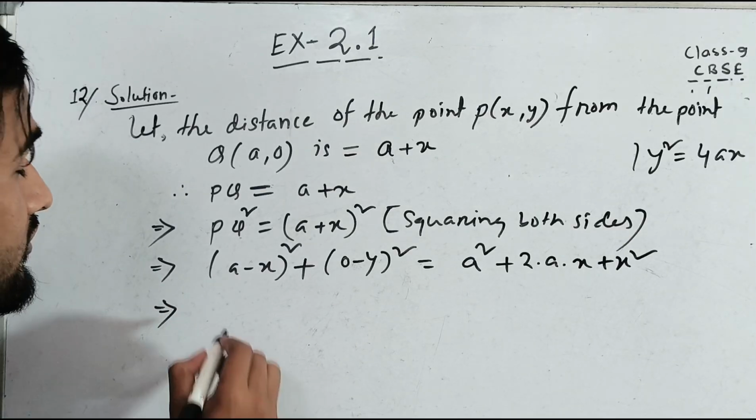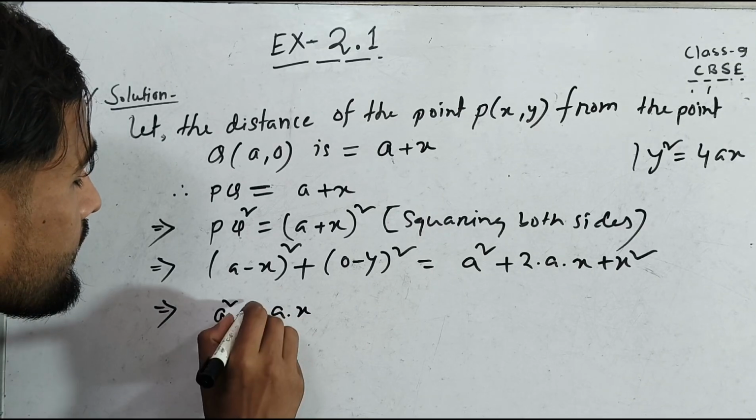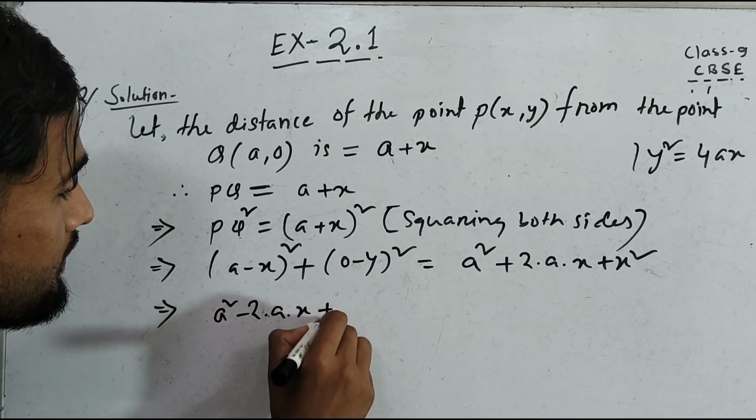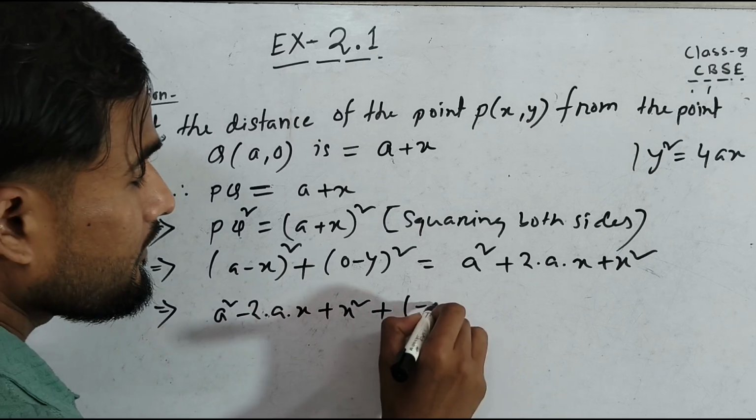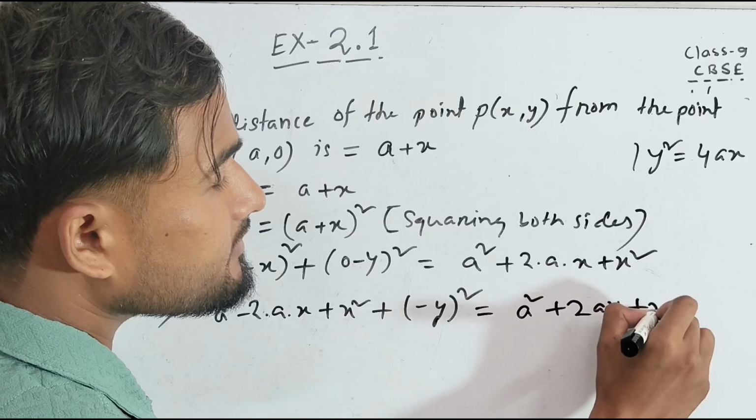Again this side, a minus x whole square, a square minus 2ax plus x square, plus minus y whole square, equals a square plus 2ax plus x square.